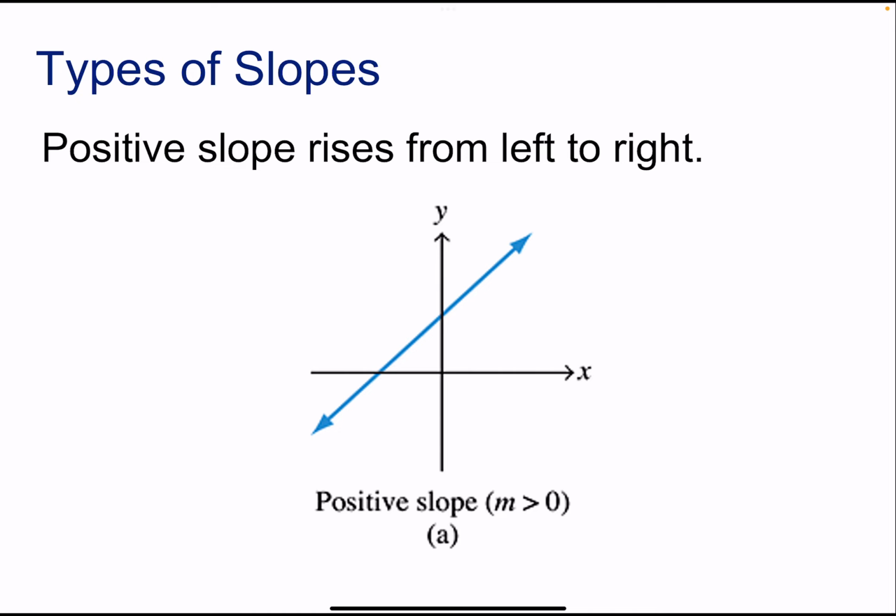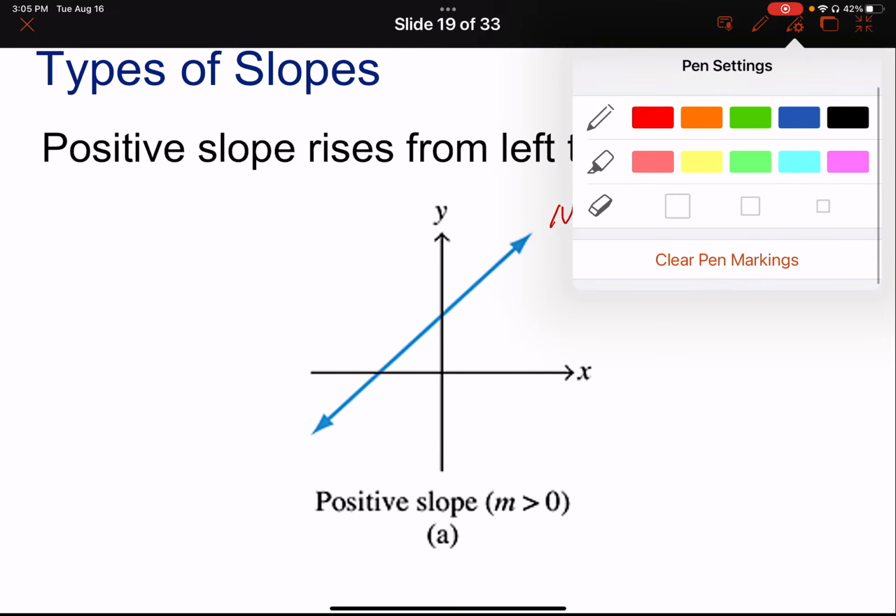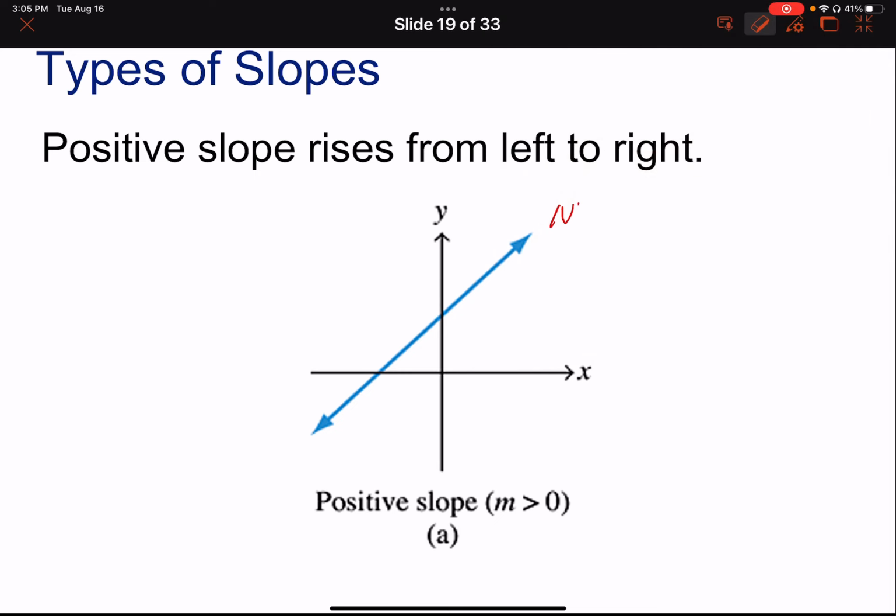Positive slope: you always have a line pointing forward, to the northeast direction. Why, when you have a positive slope, does the line point to the northeast?